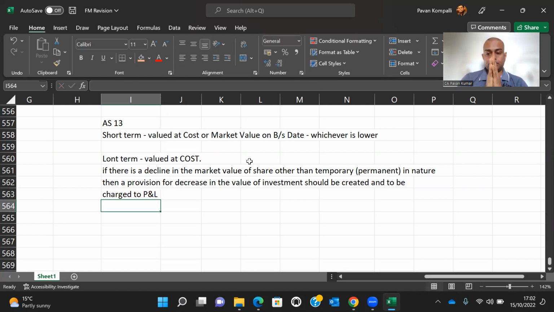Oh my God. If it is a long-term asset, then it should be valued at cost.